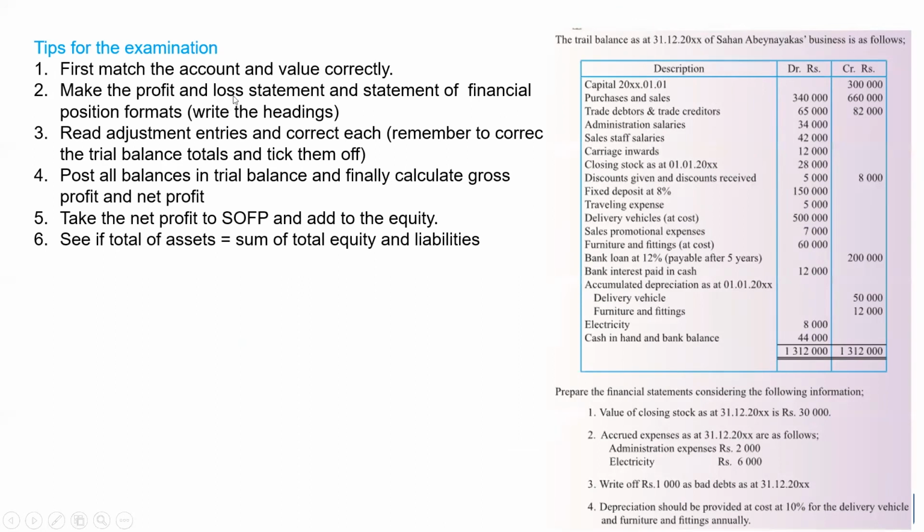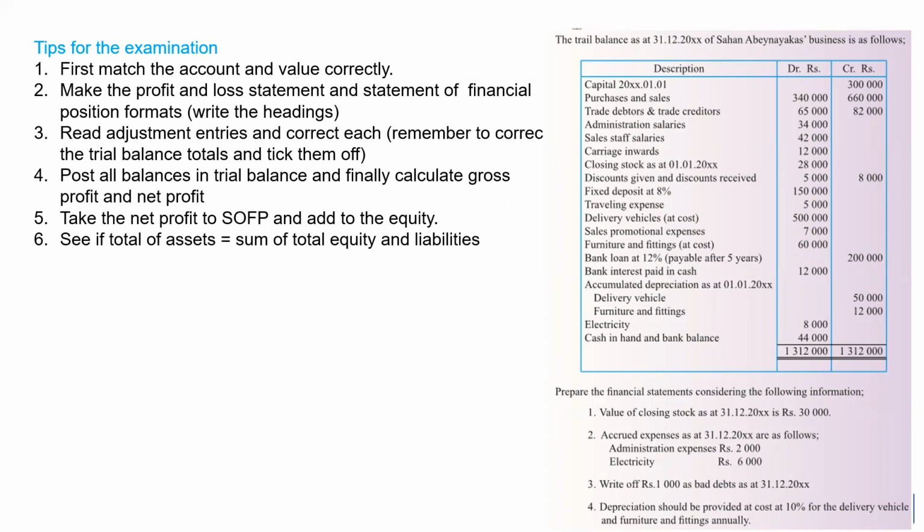And then make the profit and loss statement and statement of financial position formats, right? But please don't take a lot of time on doing the formats. Just take a ruler and a pencil or a pen, start doing it, and if something went wrong, cut it out and start again, right? Or cut it in one line and do it, right?